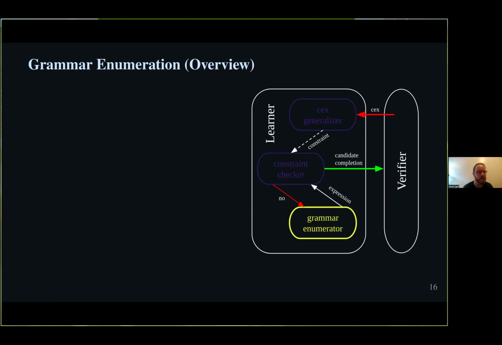To give spoilers about the future work, one thing you can imagine doing is taking one of these constraints that we're computing and computing an intermediate grammar that only has expressions that satisfy that constraint. And then you can imagine taking an intersection of these grammars.